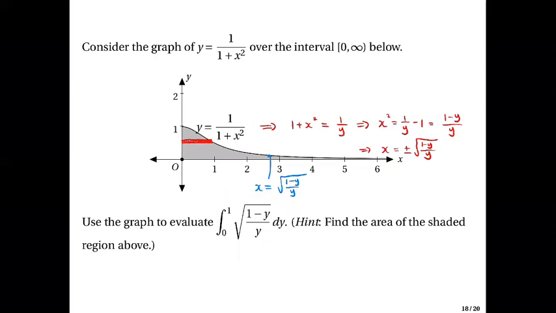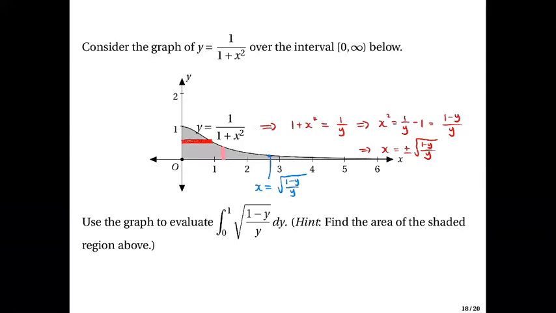However, look at this. Instead of calculating the area using horizontal strips, let us try to calculate this using vertical strips. The area will be the same, correct?